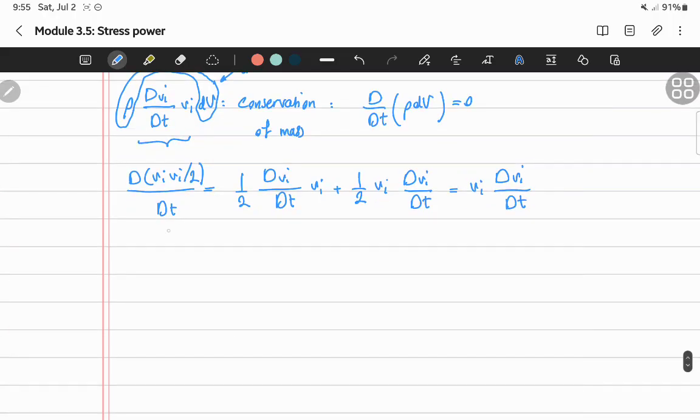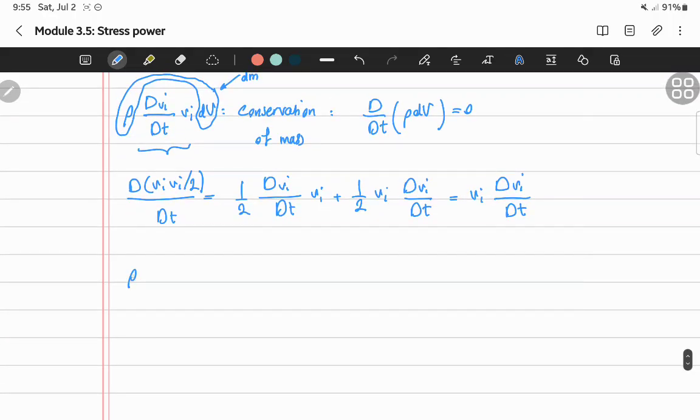All right, so now we have rho dvi dt vi dv, which is equal to rho dv, or dm simply, vi dvi, which is dm times d of vi half dt.